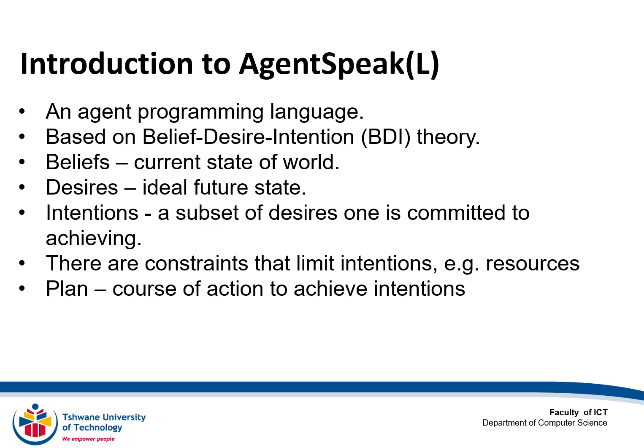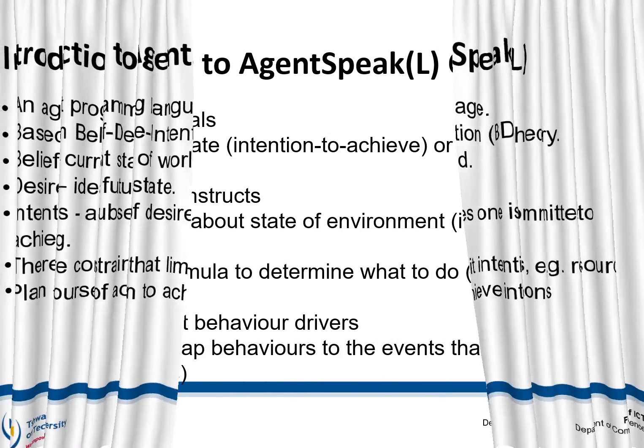There can be various types of limitations to your intentions. So one therefore needs to be realistic in implementing the BDI, in that you want to look at those set of intentions that are achievable. You also have a plan, which is basically a course of action to be able to achieve your intentions. So that effectively activates your intentions and makes them into fulfilled desires.